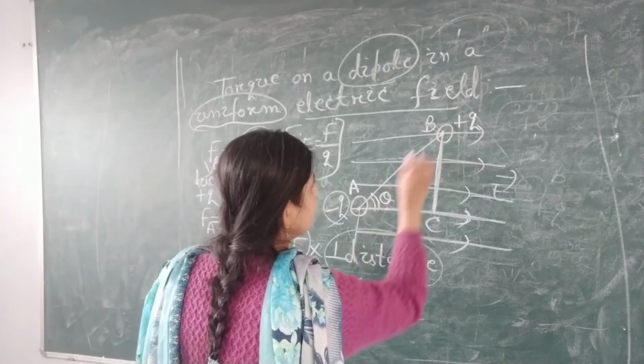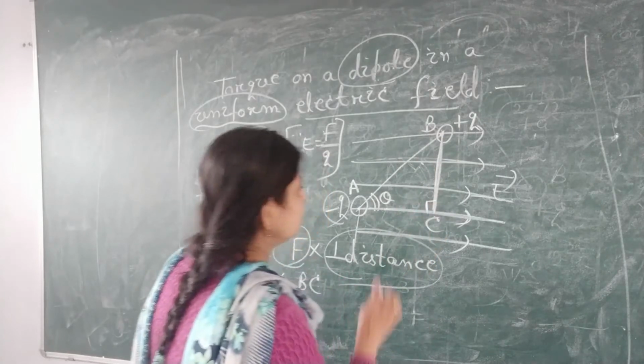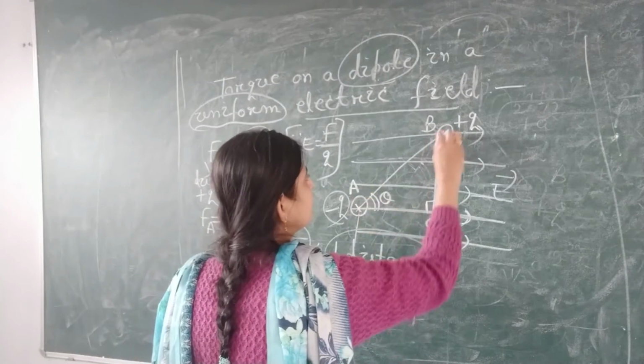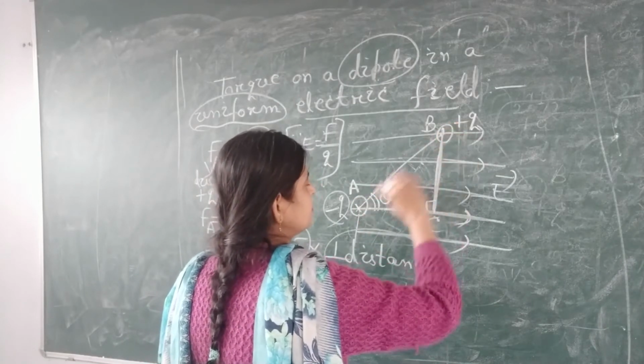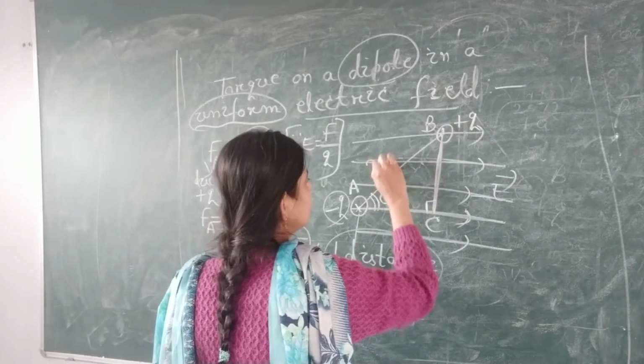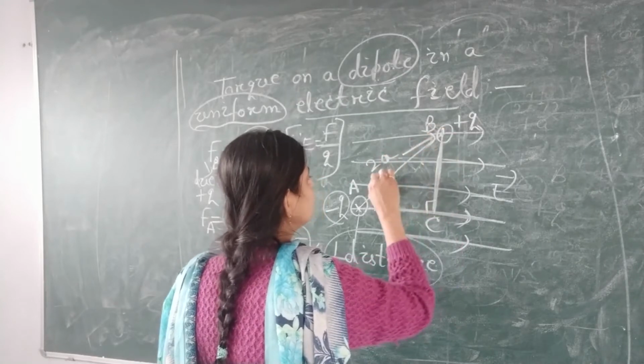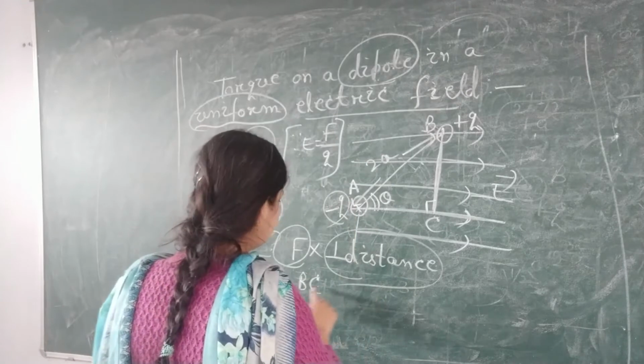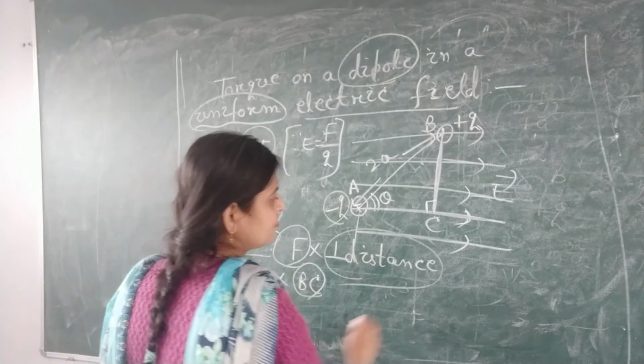Now ABC is a right angle triangle. So the length of the dipole, or the distance between plus Q and minus Q, is 2A. Already we know. So what is the value of BC?